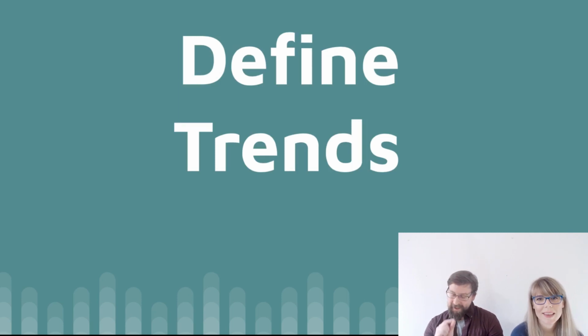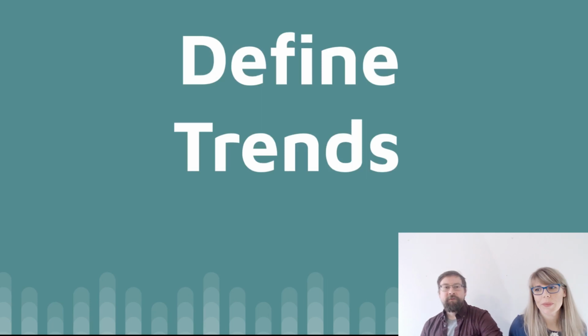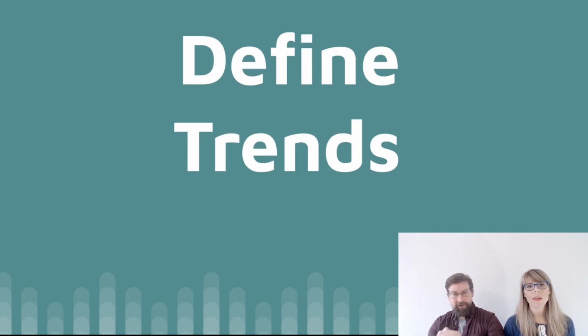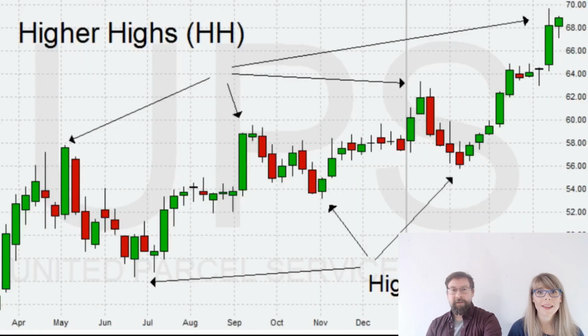I intentionally duplicated the same slide in both the first trends and the second trends video, and it was a very clear-cut definition of a trend that you really can't mistake. I don't know. So the definition of an uptrend would be higher highs and higher lows.